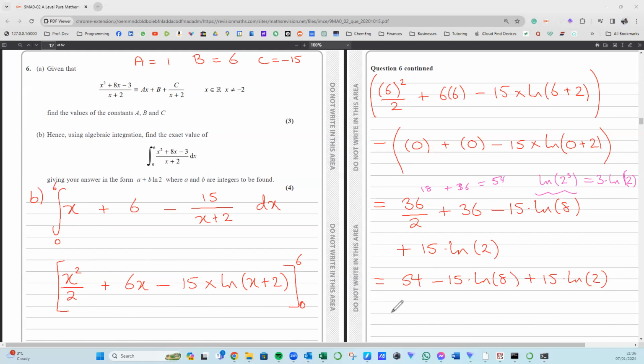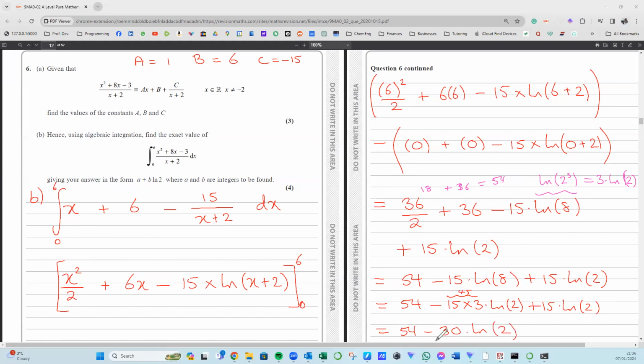So then if we actually apply this, we get 54 minus, now remember it comes out to the front, so it's going to be 15 times 3 ln 2 plus 15 ln 2. And then we can combine everything together and get our final answer, which is going to be 54 minus 45 plus 15, which gives us minus 30 ln 2.